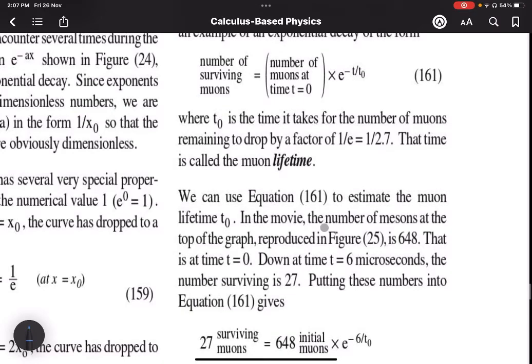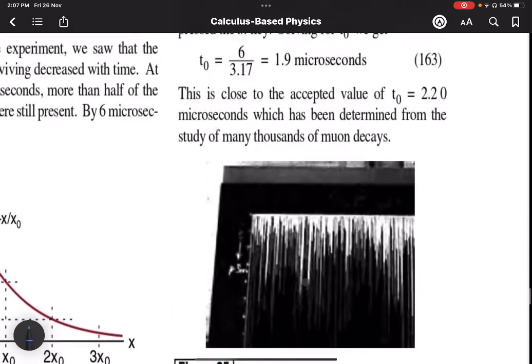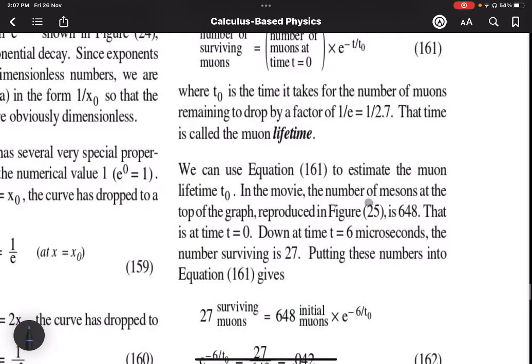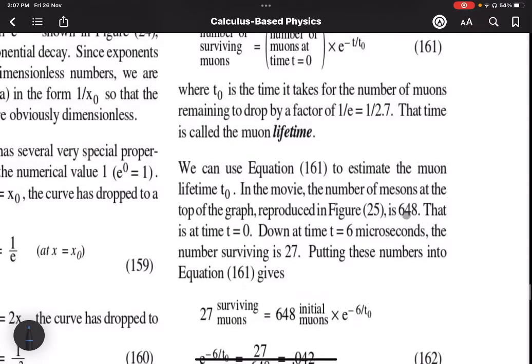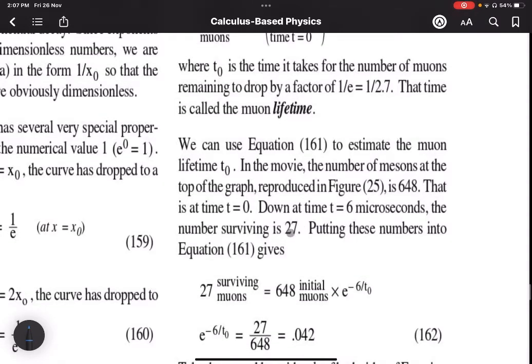In the movie, sabihin ng movie, ito kasi yan, galing kasi ito sa video, no? In the movie, the number of muons at the top of the graph reproduced is 648. That is at time t equals 0. Down at time t equals 6 microseconds, the number surviving is 27.